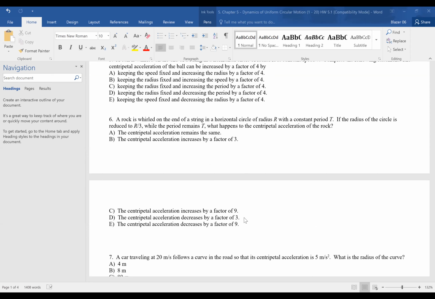Okay. So you work on that one. Let me see if you understand how that equation is understood. I'm looking for you to work on number 6 and then put your answer in.